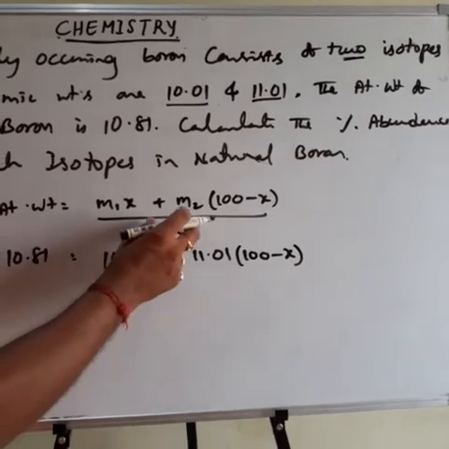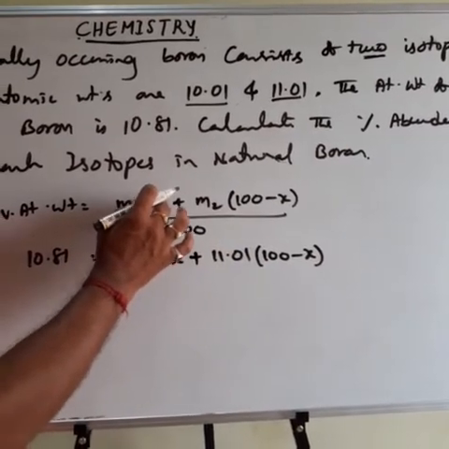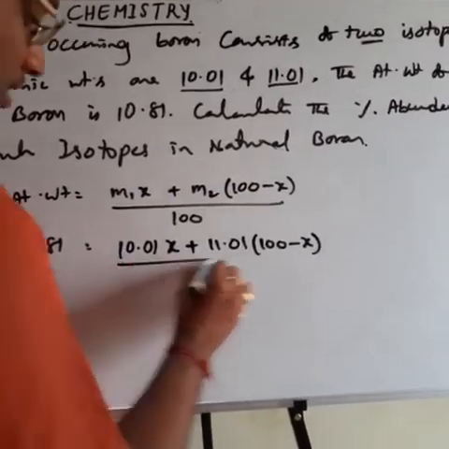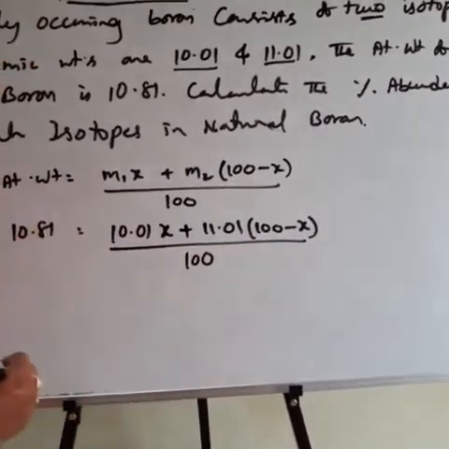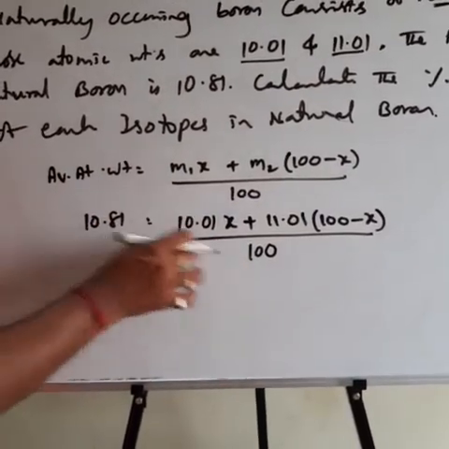Total percentage abundance is always equal to 100. If this is X, for example, then the remaining is 100 minus X. Divided by 100. Then 100 into 10.81, cross multiplication.